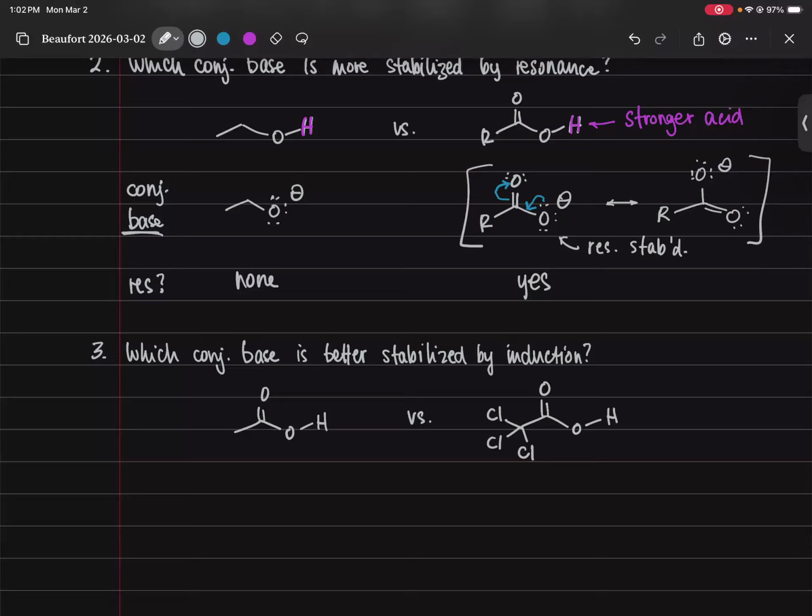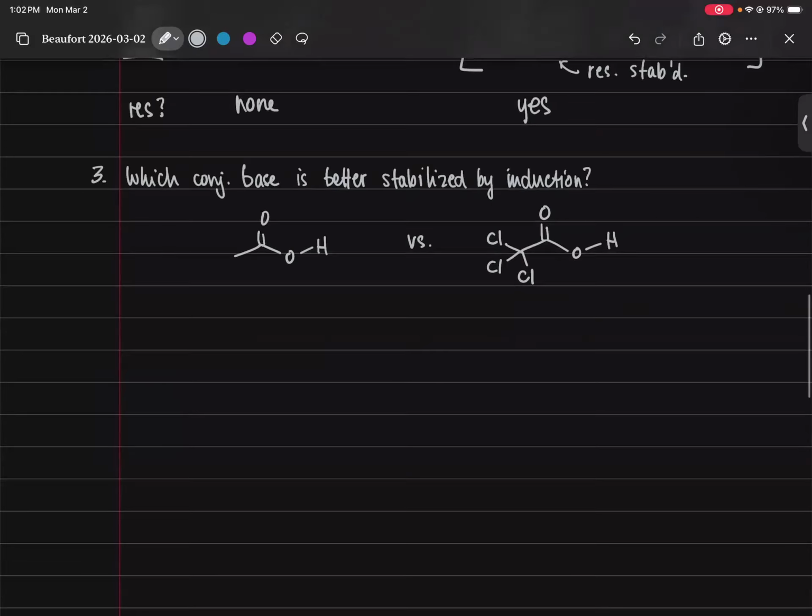Okay, same molecule, but the hydrogens on the left have just been replaced with chlorines. Looks crazy, but you can buy this and it's not horribly expensive. Okay, so if we remember from, well, I'm getting ahead of myself. Let's draw the conjugate base.